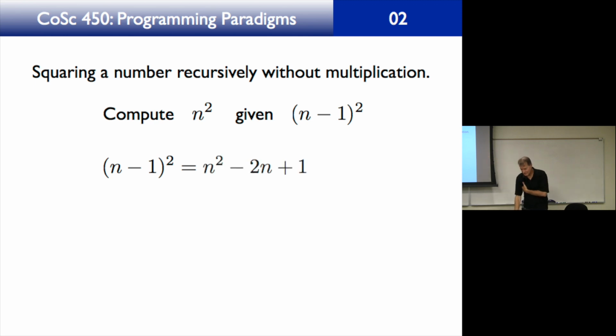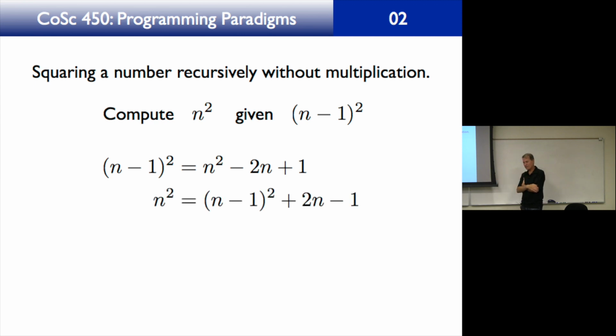Okay, so (n minus 1) squared is n squared minus 2n plus 1. This is really high math. And so we want n squared in terms of (n minus 1) squared. So what does n squared equal? Oh, (n minus 1) squared plus 2n minus 1. There it is.